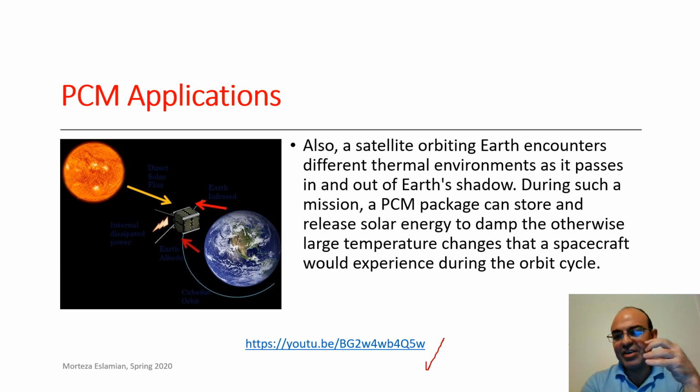Then that heat can be released. Instead of turning on heaters, the heat from PCM can be released and given to the component. So essentially it works like a battery, right?